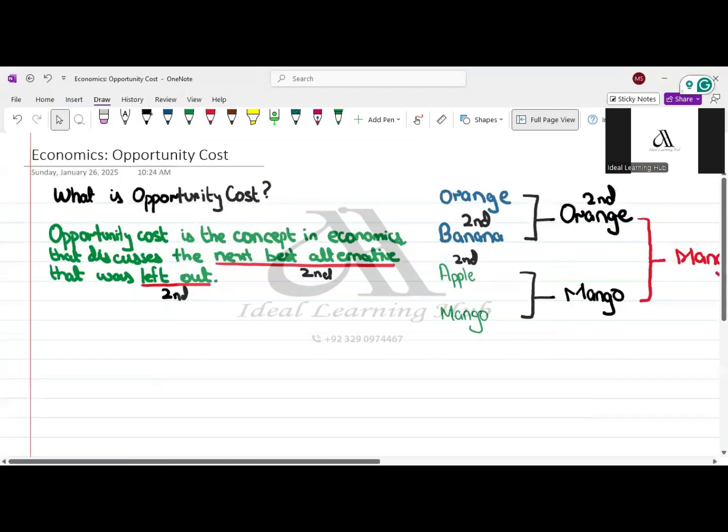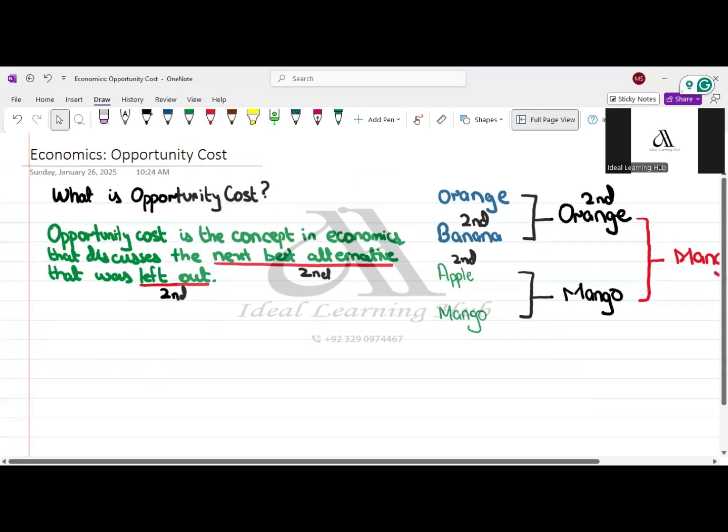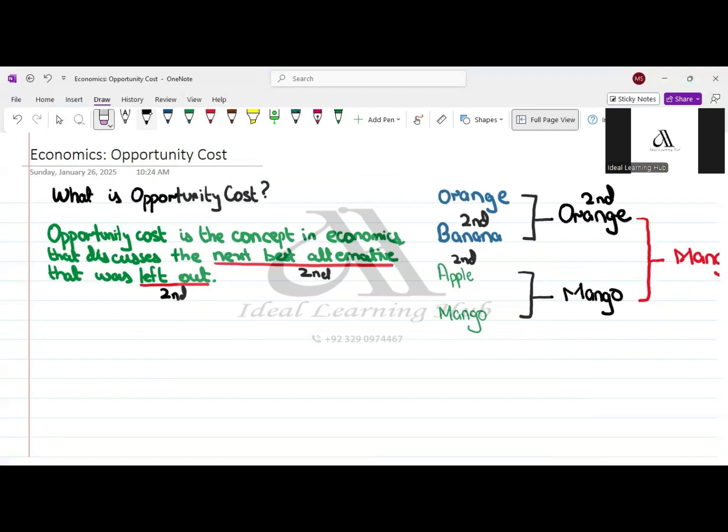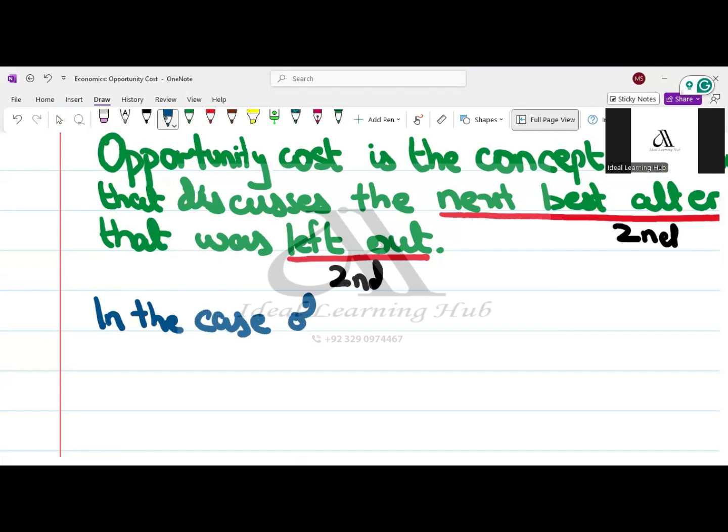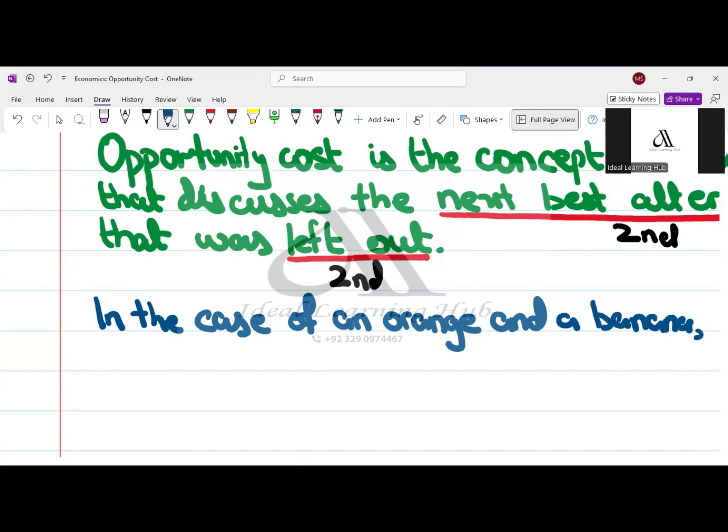So if we're going to explain this very example of the orange and banana, let me give you an explanation. In the case of an orange and a banana, we chose an orange.